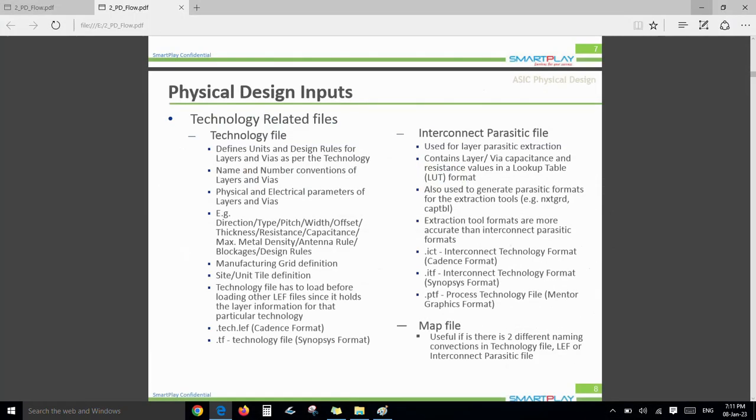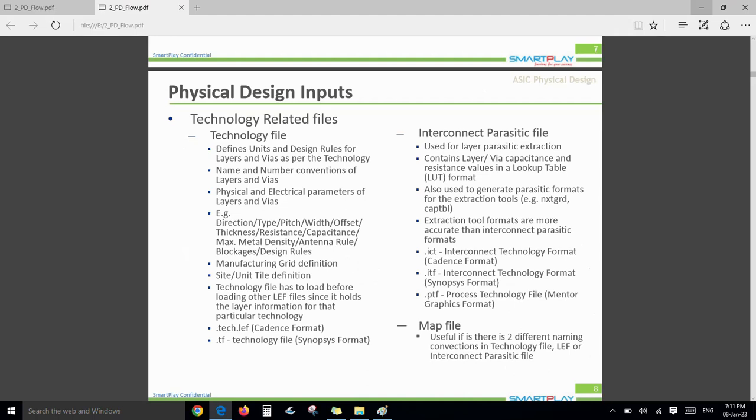And according to that, the lookup table is going to be calculated based on the length and which metal layer, and based on these constants it is going to calculate which capacitance layer, and length and capacitance based calculations are going to take place.